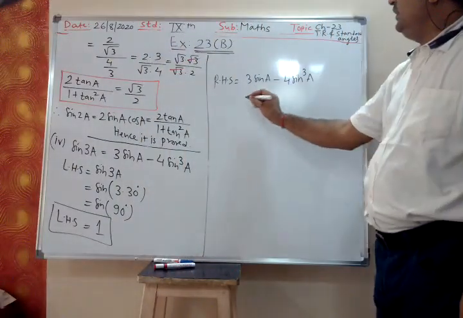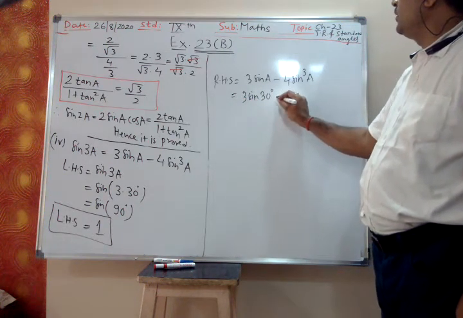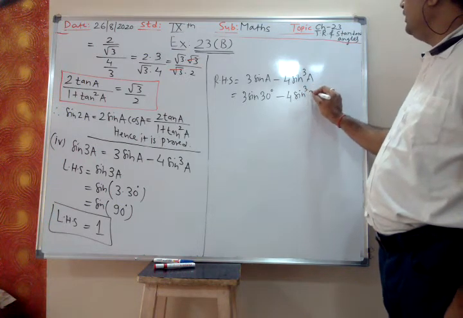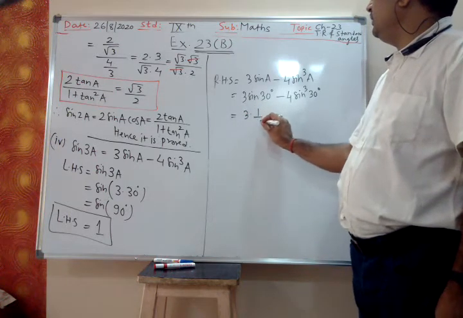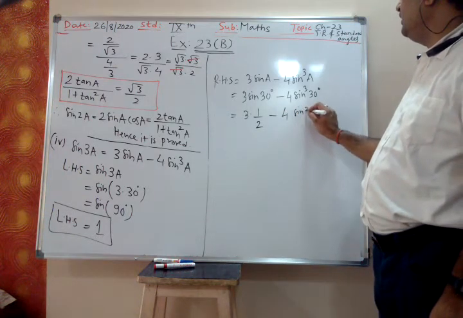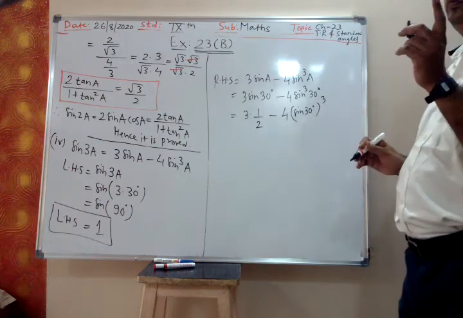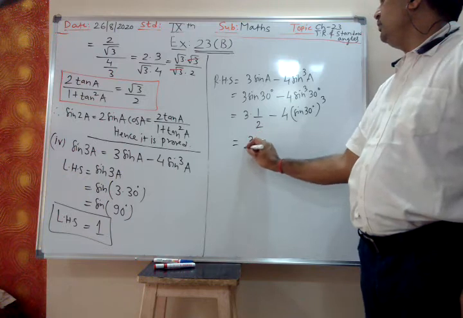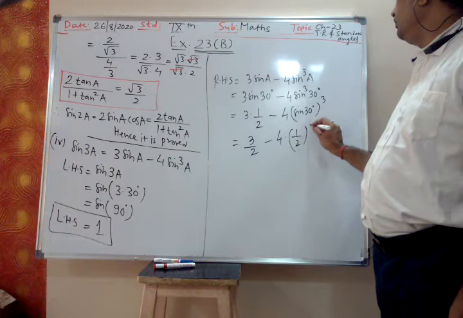Now we put the value of A. So that is 3 sin 30 degree minus 4 sin cube 30 degree. Sin 30 degree is 1 by 2. Sin cube 30 degree is sin 30 whole cube.